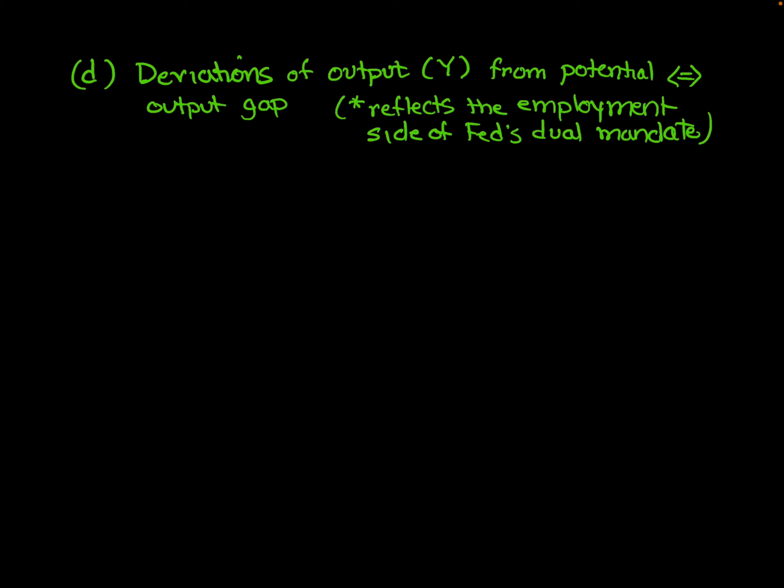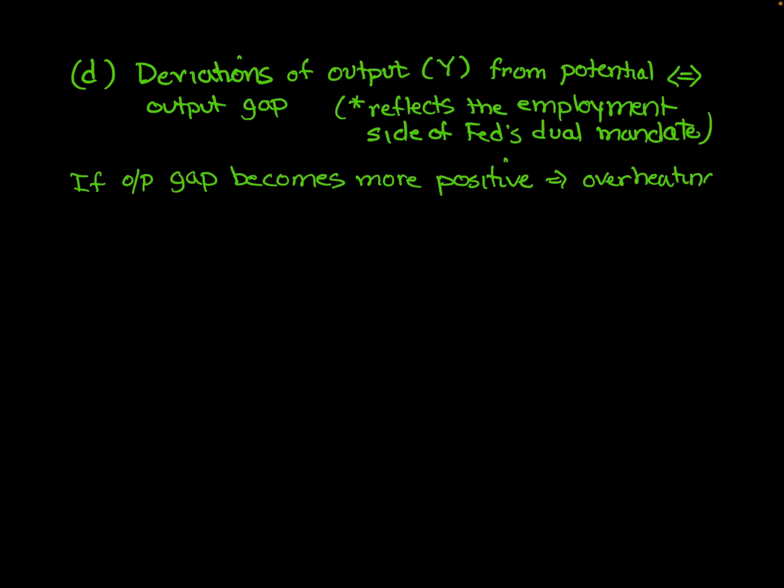So let me write that down. So if the output gap becomes more positive, then we have the economy overheating, and we see employment rising above its maximum sustainable level.